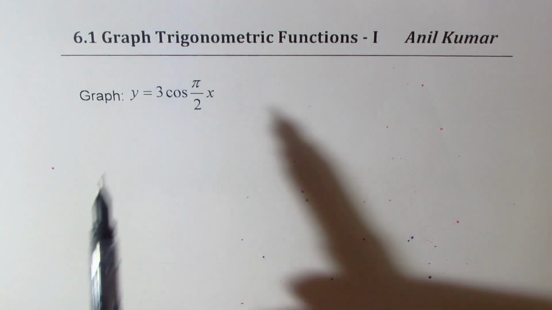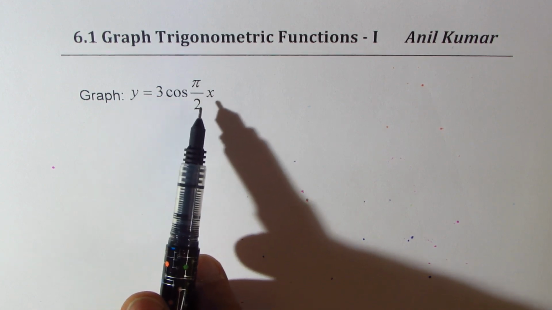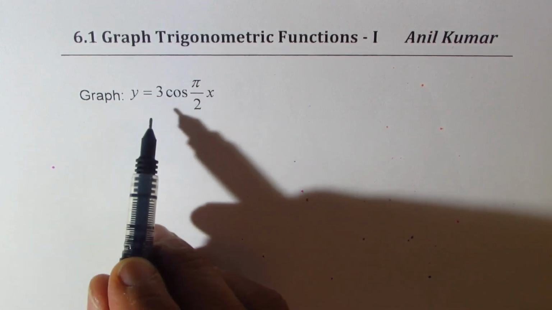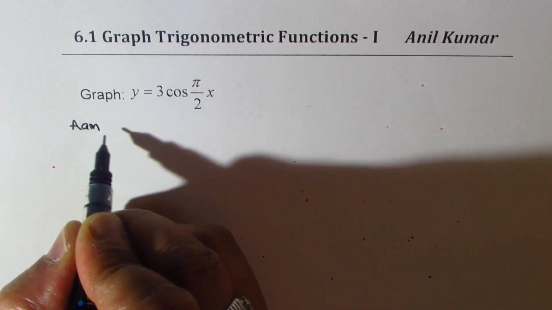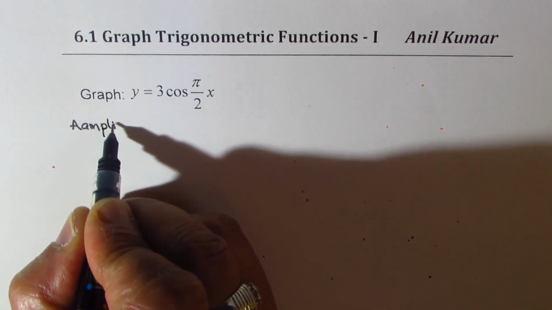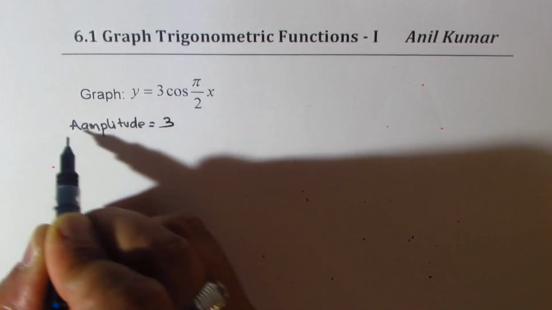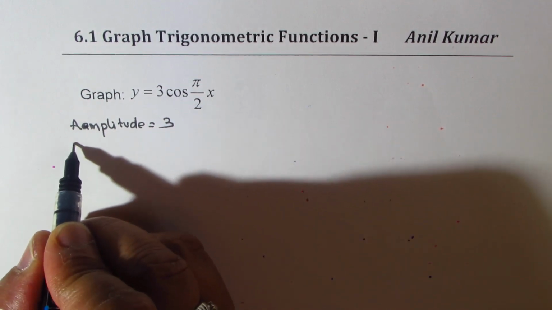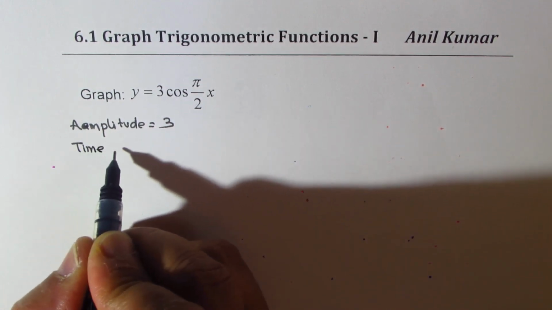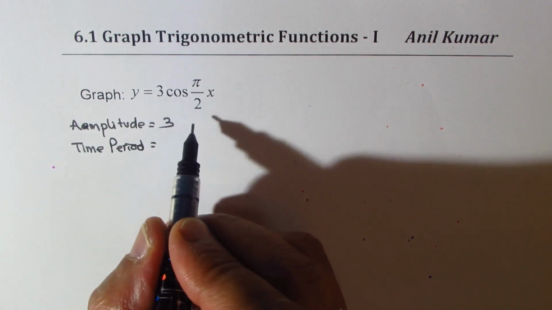This time we are going to sketch graph of y equals to 3 cos pi by 2x. Now, from here, we can write down that the amplitude is equal to 3, right? Now, what is the time period? Time period normally is 2 pi.